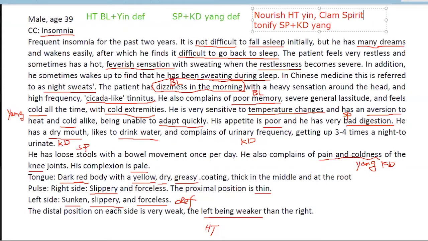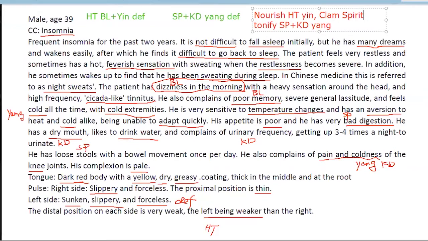So the points, what points do you like to use? Because it is yin and yang, and we don't want to clear heat. You can say clear heat, yeah. You can say clear heat from the heart and warming kidney, but it looks more confusing. We clear heat in some way and then we warm in some way. So we can just say nourishing heart yin.